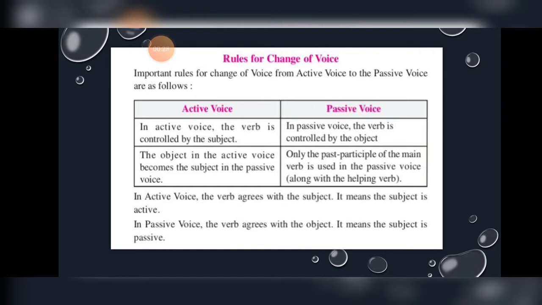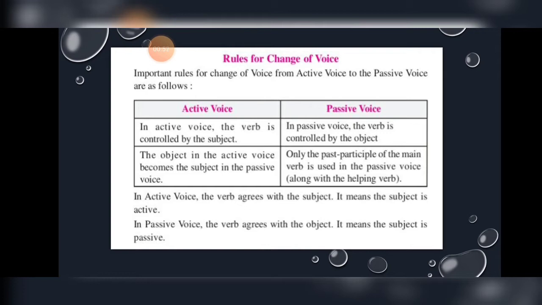Now, through all the examples, you have understood that in passive voice, the verb is controlled by the object. The object in the active voice becomes the subject in the passive voice, as we have seen in all the examples. Only the past participle of the main verb is used in the passive voice. Past participle means the third form of the verb.